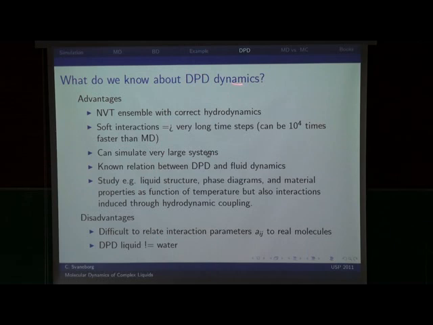So what do we know about DPD dynamics? It produces samples from the correct ensemble, and it has the correct hydrodynamics. Because it has soft interactions, it means that we can simulate with very long time steps.